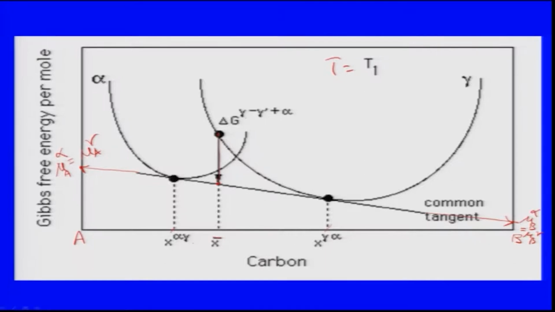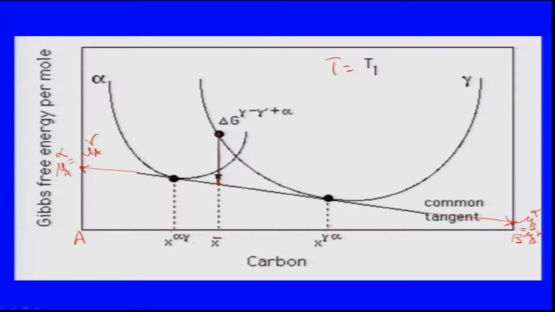They will meet at μA on the vertical axis. This point is given by μA alpha because this is a tangent to alpha. Similarly, it is a tangent to gamma, therefore it is also equal to μA gamma, and they are sitting on the same point, therefore their values are equal. Similarly, on the right axis, μB alpha is equal to μB gamma.